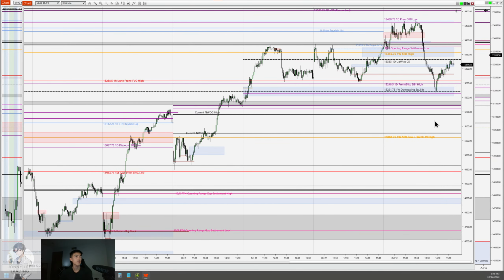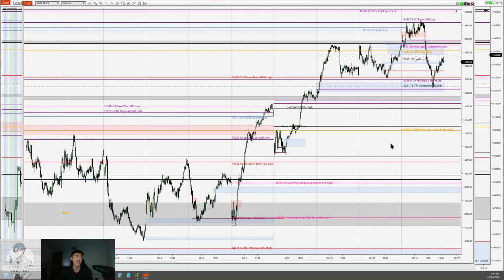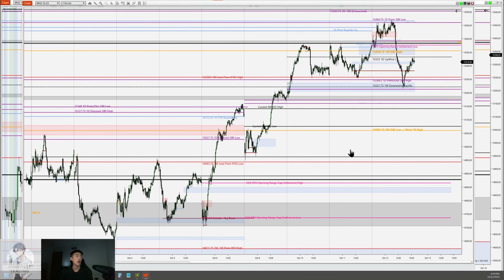So I would like to see price start to head down and take out and balance out these forms of liquidity down here. You can see all of those that were created there. This is the lowest one that I might consider aiming for. I don't know if it's going to hit that, that would be a huge drop, but that's what I would be aiming for this week and maybe next week as well.